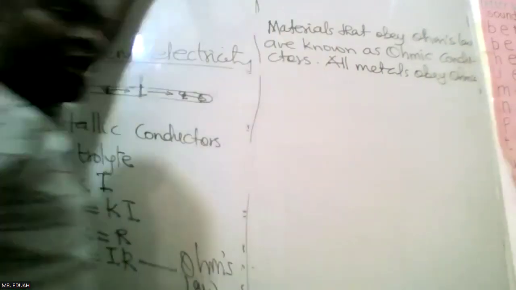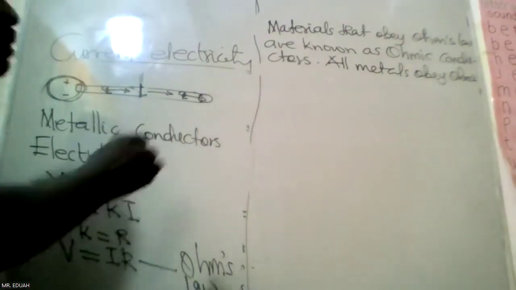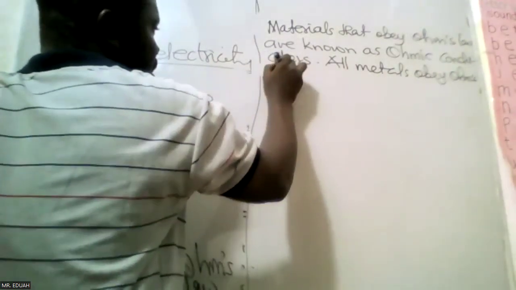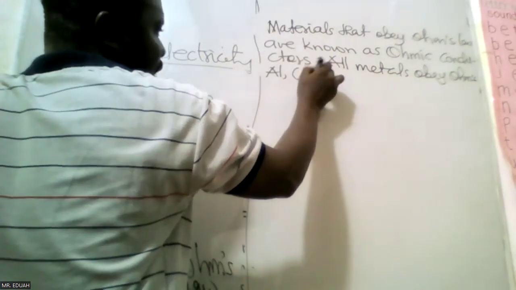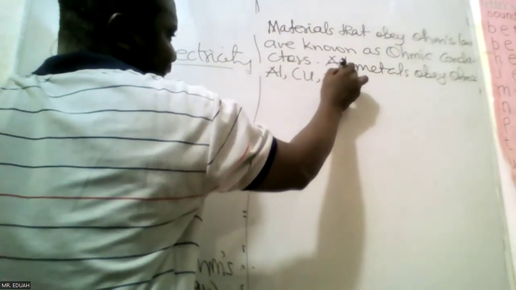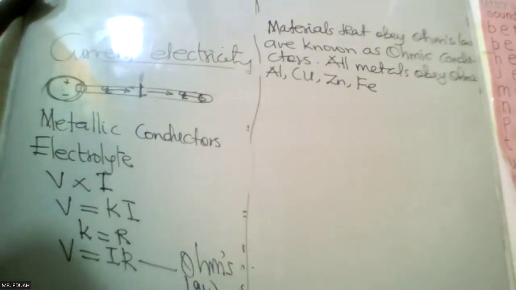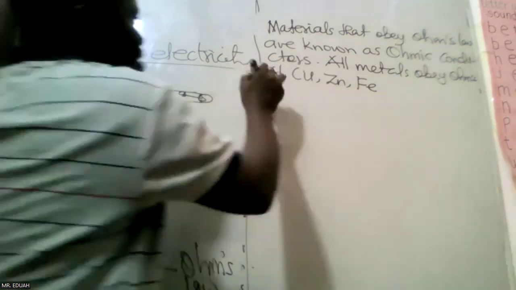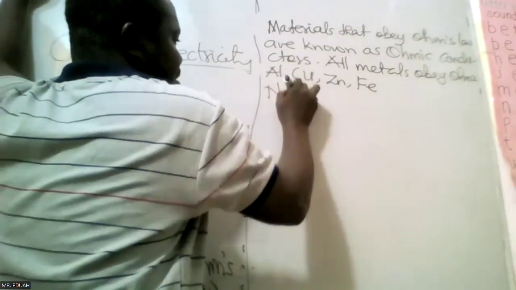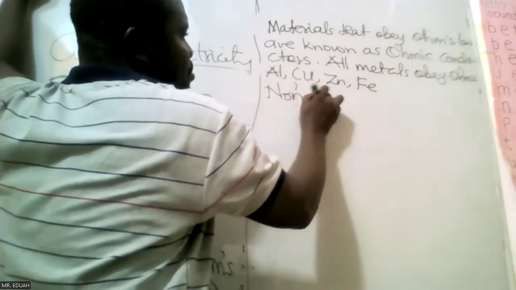So when we talk of all metals, we can talk about aluminum, copper, zinc, iron, basically all metals. The non-ohmic conductors do not obey Ohm's law.